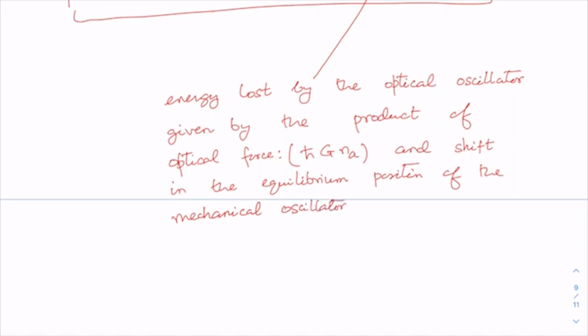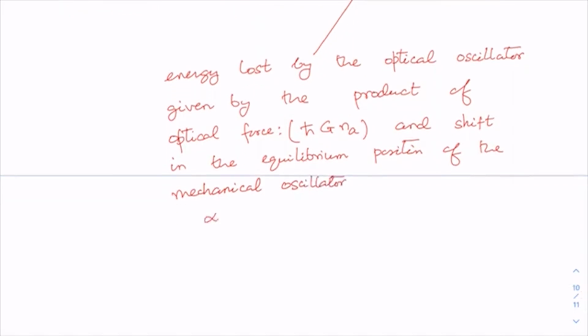As you can see here, ħ z n_a is the optical force, and this shift is given by the parameter alpha, and alpha is equal to z n_a divided by Ω_m.